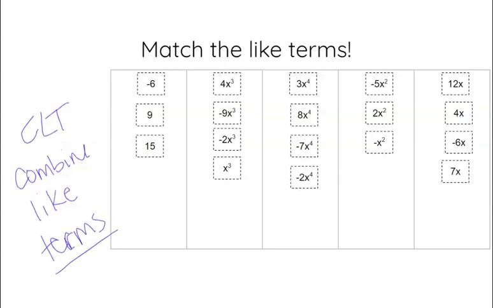We're going to use that same skill when we add and subtract polynomials, which means if it has the power of x to the fourth, it can only be combined with other x to the fourth powers. It can't be combined with anything else.